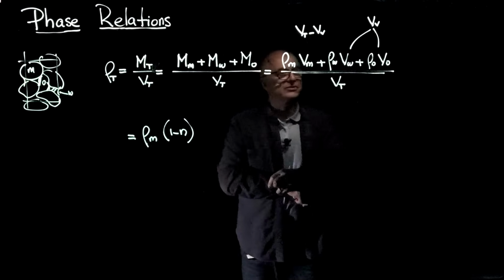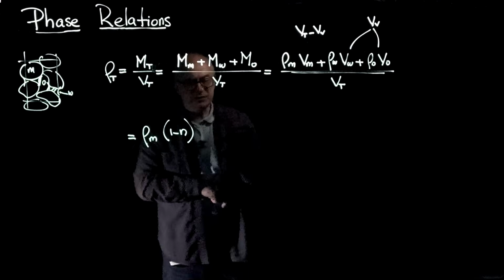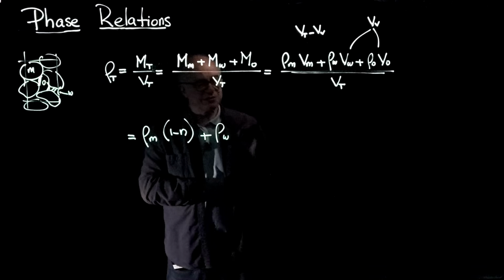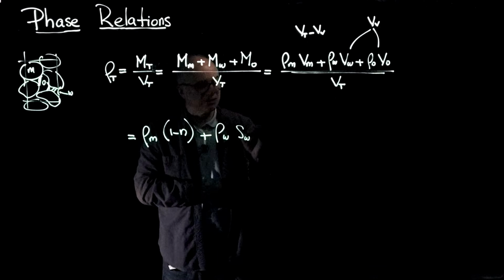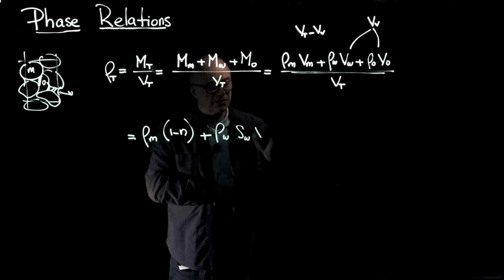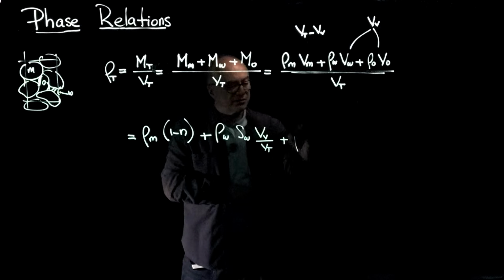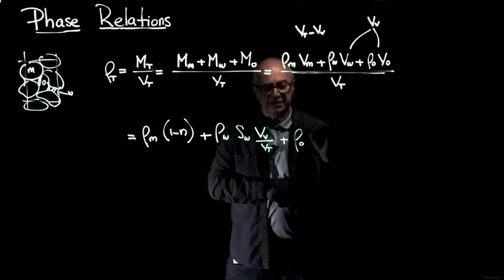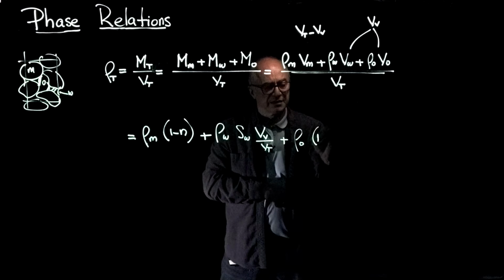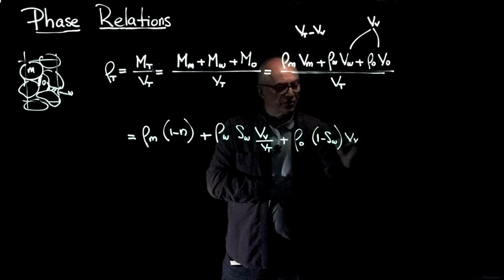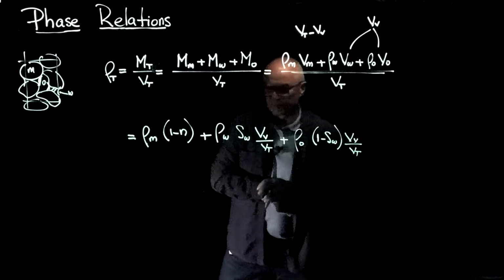That is the degree of saturation. So this is going to be plus rho water times the degree of saturation times the volume of voids divided by the total volume, plus rho organic matter times the complement of the degree of saturation, which is 1 minus the degree of saturation, times the volume of voids over the total volume.